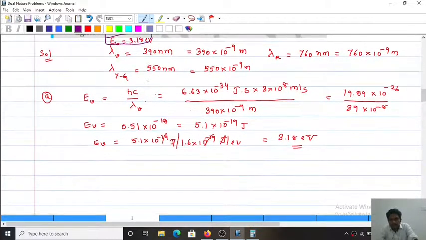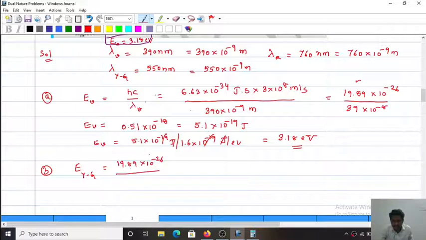the energy of yellow green. I will use this relation. So the numerator is the same, 19.89 into 10 power of minus 26, and the denominator, the wavelength, will change. Here the wavelength of yellow green is 550, nothing but 55 into 10 power of minus 8.